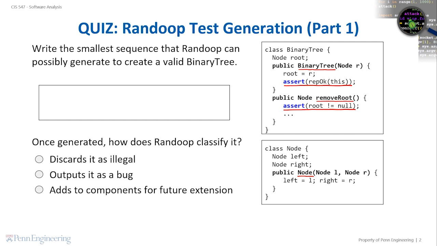And then we call the removeRoot method on that tree. Indeed, this shows how Randoop can extend the sequence from the previous quiz, which was added to the set of components. Because the assert statement in removeRoot is violated, however, Randoop will consider this sequence to be illegally violating a precondition and therefore discard the sequence.